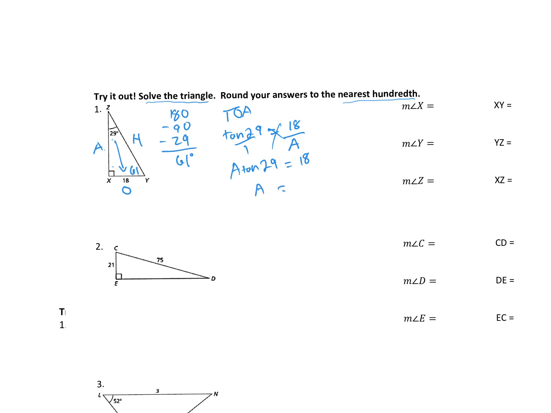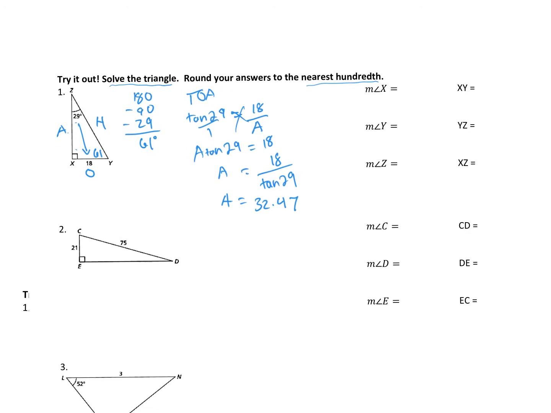A then must equal 18 divided by the tangent of 29, because I divide that on both sides. Put that in the calculator. A then must equal about 32.47 once I put that into the calculator.